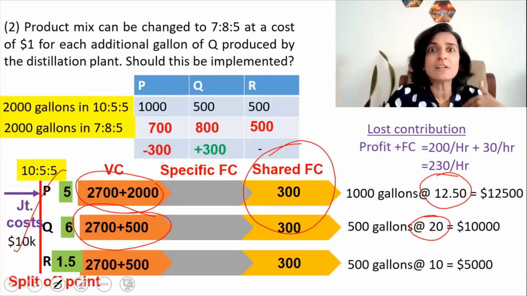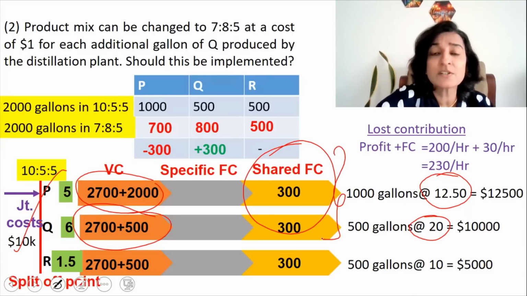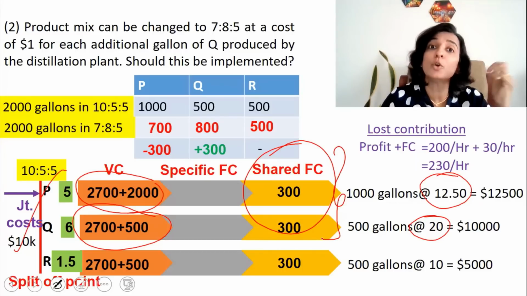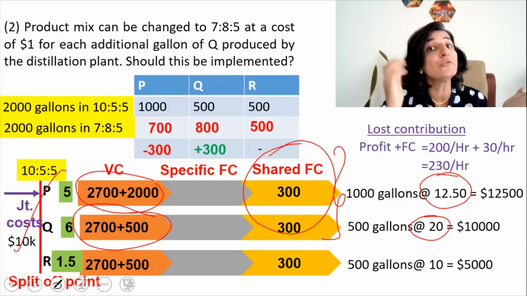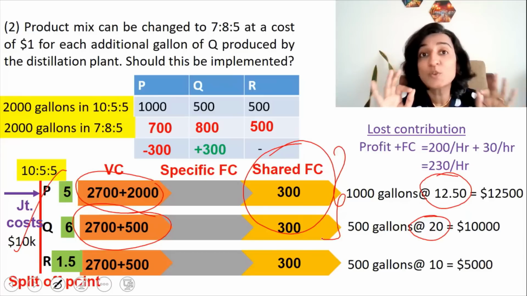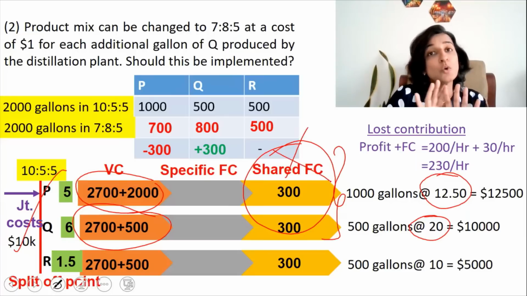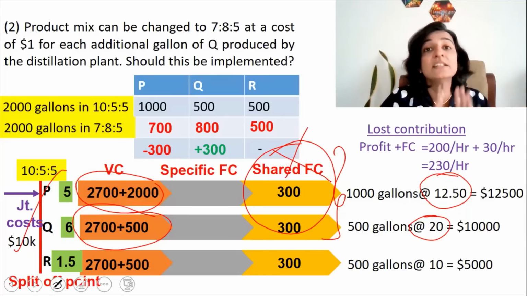So mixing plant, we are not selling or buying. So obviously, the fixed cost relating to the existing mixing plant will be the same, even if you follow the old product mix or if you follow the new product mix, which means that it is not incremental. So shared fixed cost also need not be considered for this decision.